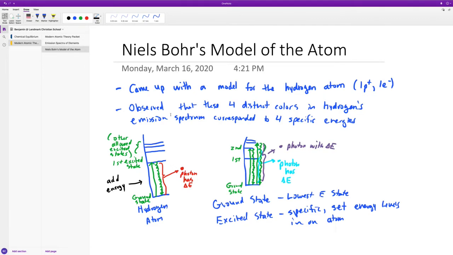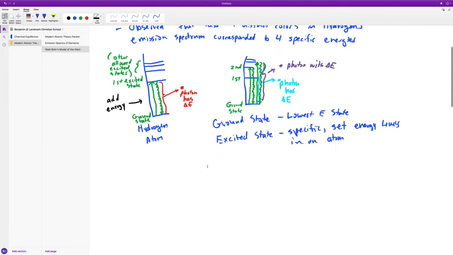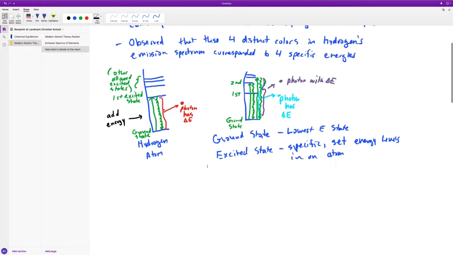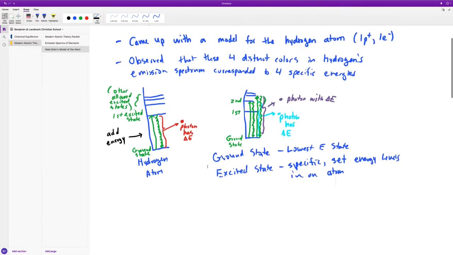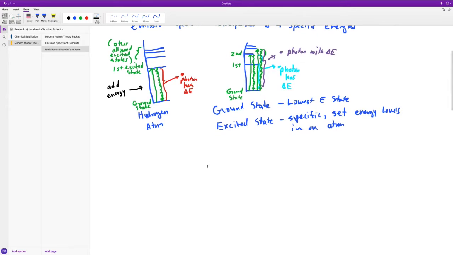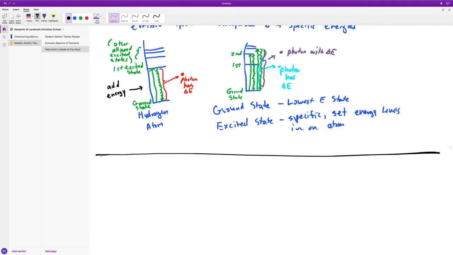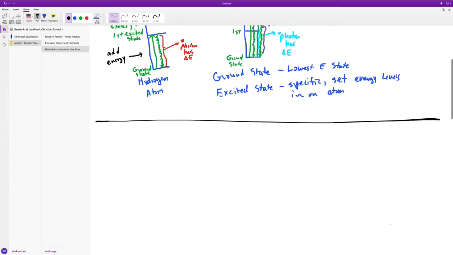Okay, so now we really are going to get into Niels Bohr's model of the hydrogen atom, because these little energy diagrams are a little bit abstract and they don't look anything like atoms. So he's really trying to figure out the structure of the atom. Okay, so he brings it all together here and he imagines inside the hydrogen atom that these little excited states and the ground state have to do with orbits.